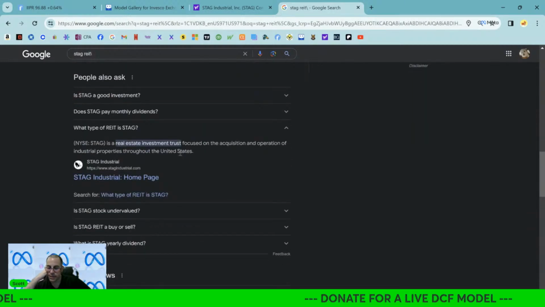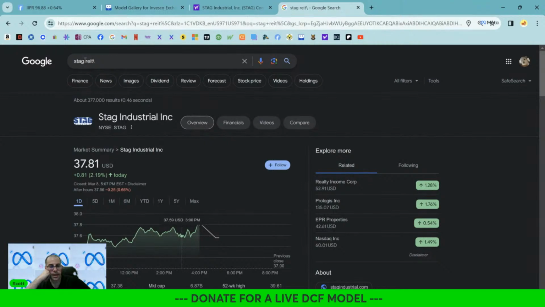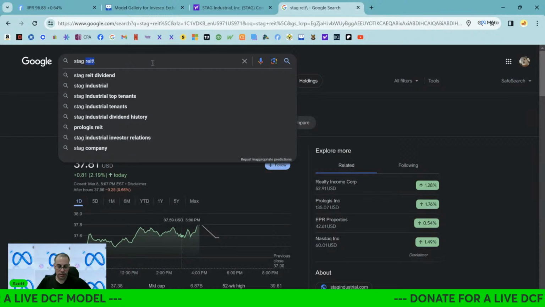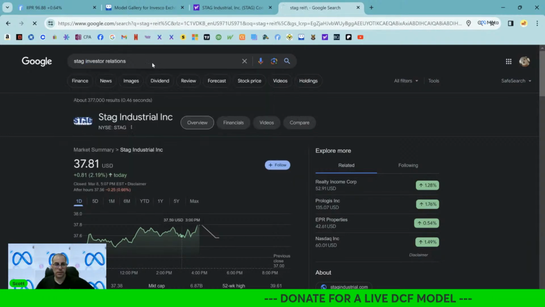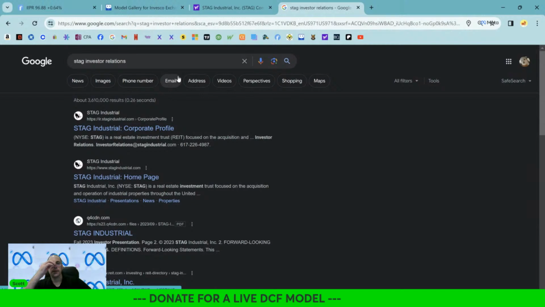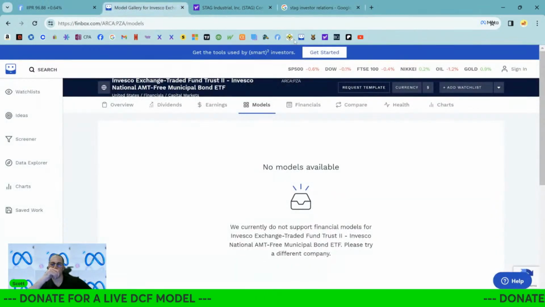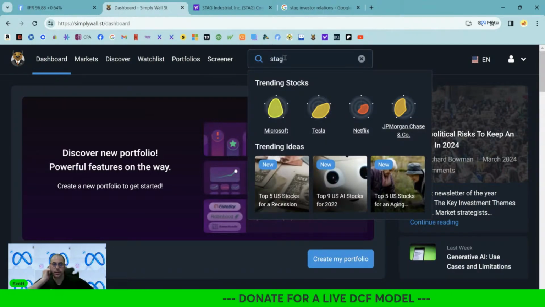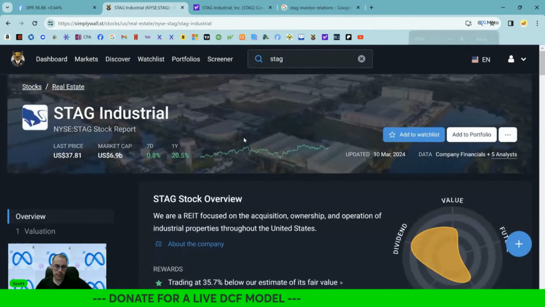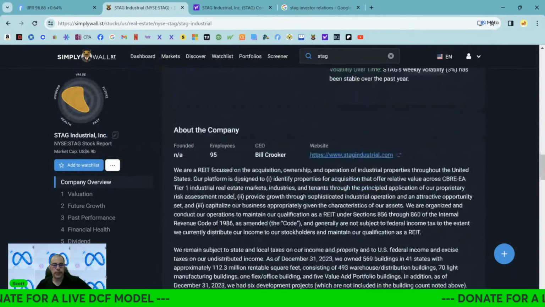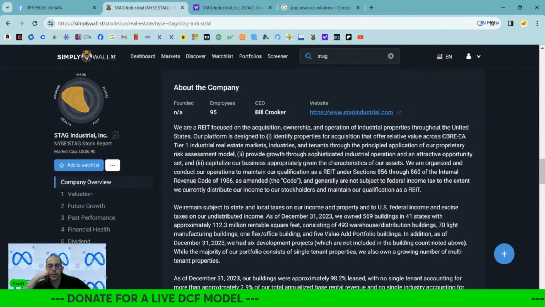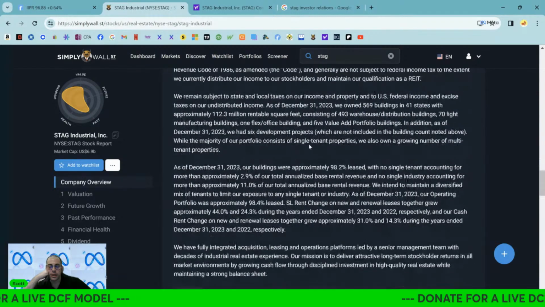It's just industrial properties. Focus on acquisition, ownership, industrial properties throughout the United States. Our platform is designed to identify properties for acquisition.